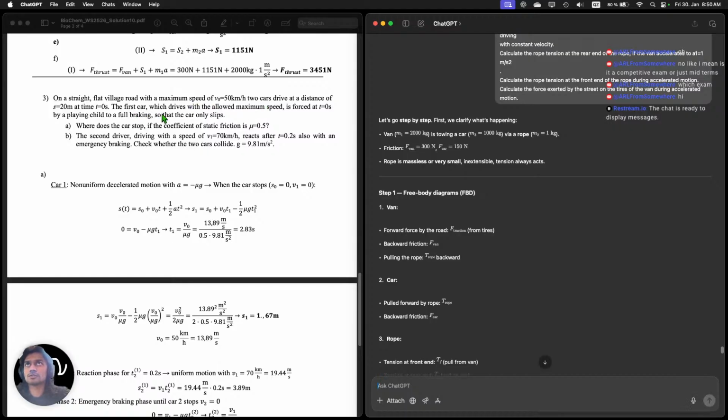First car which drives with the allowed maximum speed is forced at t equals 0 by a playing child to a full braking, so that the car only slips. Where does the car stop if the coefficient of static friction is 0.5? The second driver driving with speed 70 kilometer per hour reacts after 0.2 seconds, also with an emergency braking. Check whether two cars collide.